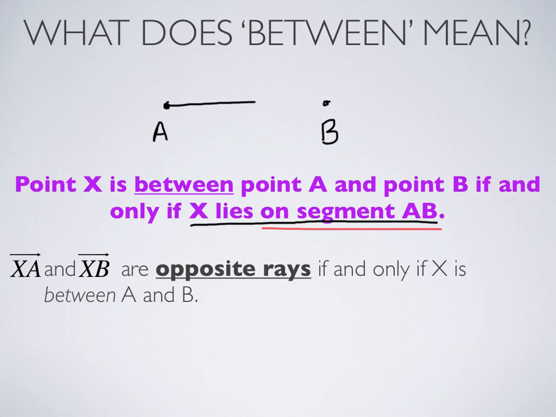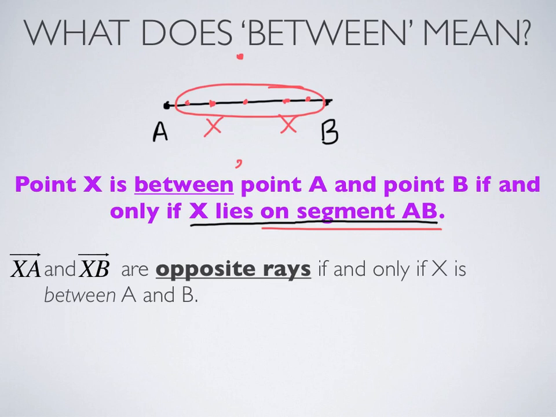So this would be segment AB. Point X has to be somewhere on this segment to be considered to be in between. So it could be there, it could be there. Any points in here are considered to be between A and B. But a point up here or down here is not between. Okay, so remember, between means it lies right on the segment between the 2 points.